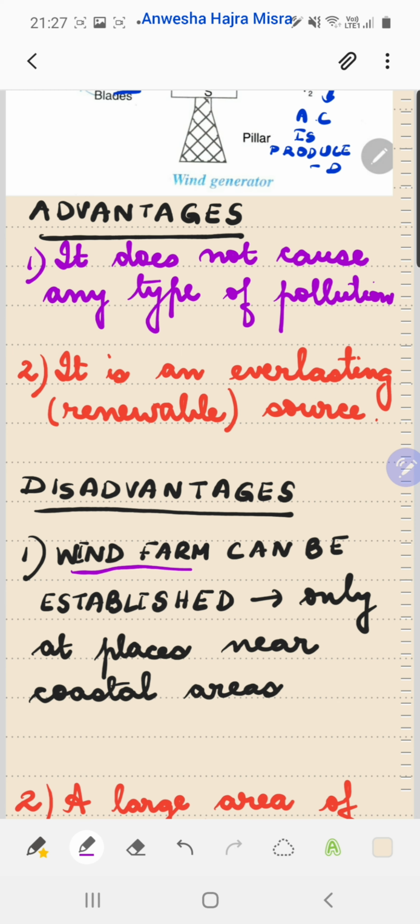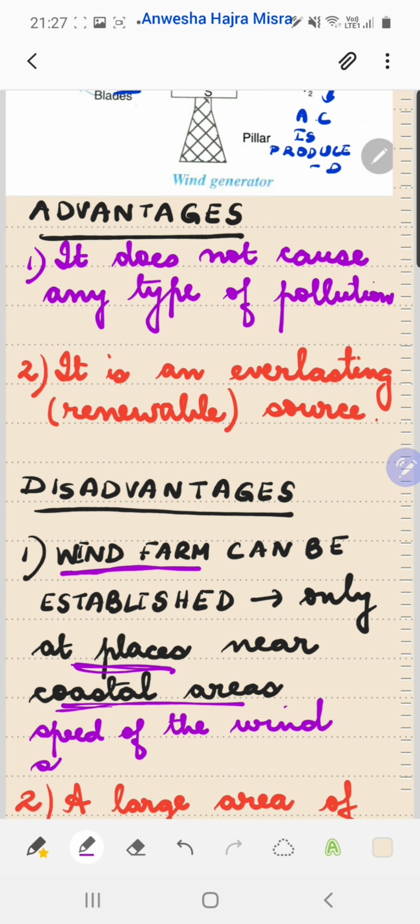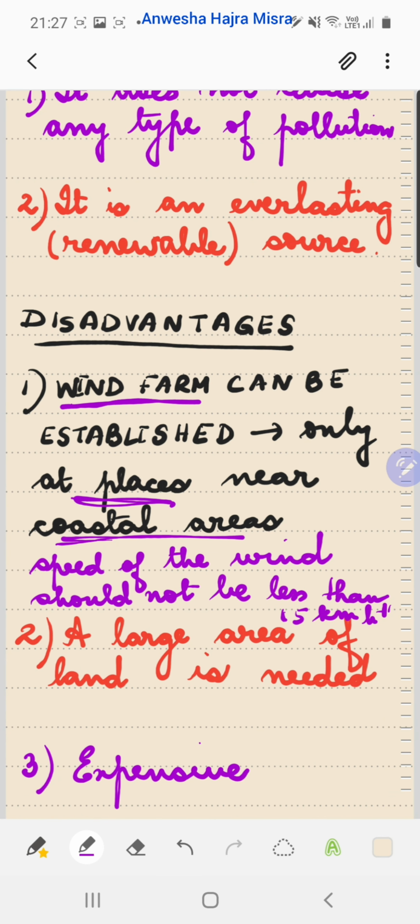Wind farms can be established only at places near the coastal areas where the speed of the wind should not be less than 15 km per hour. So very high speed wind you need. Now, large areas of land are needed to create a wind farm, and this is very expensive.